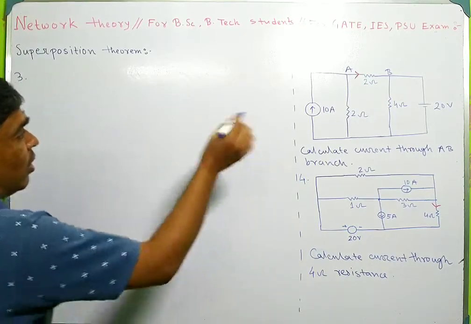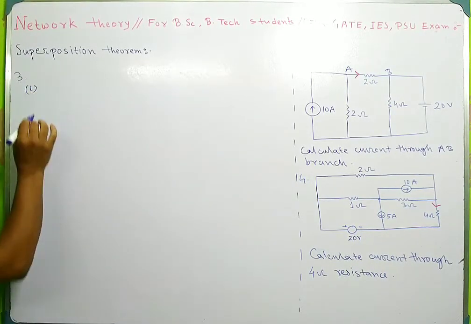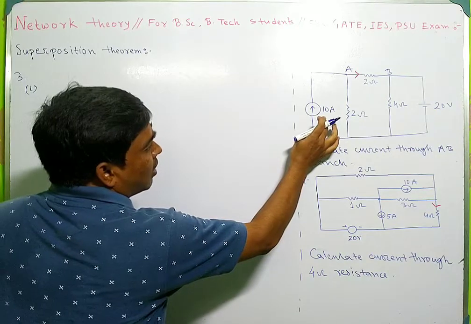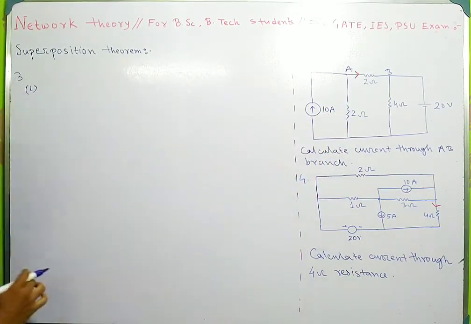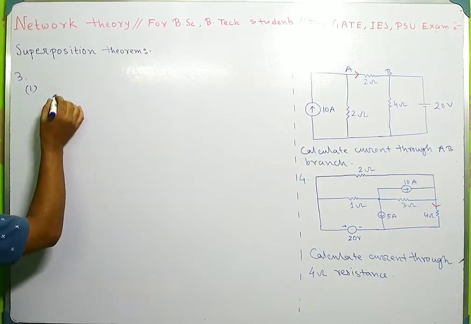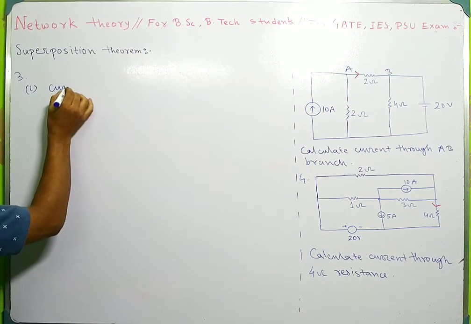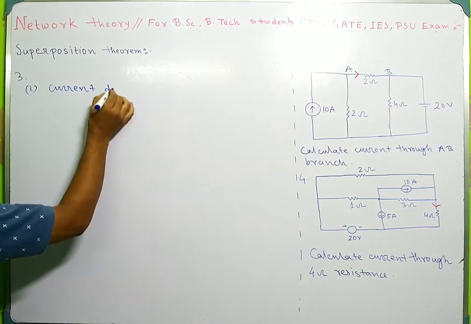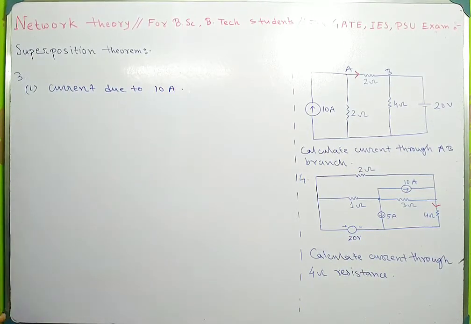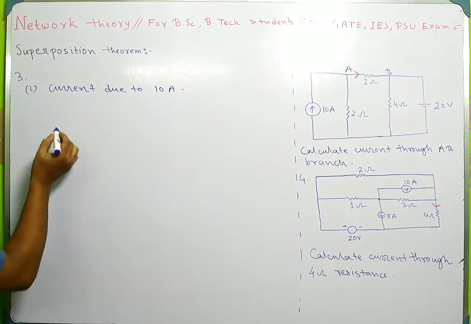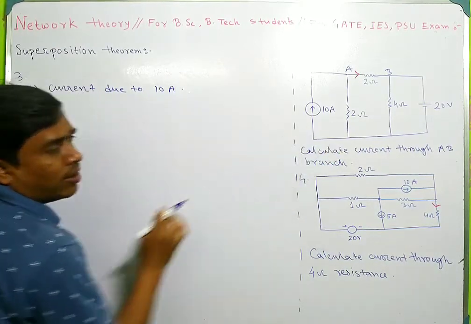Number 1, you have to calculate the current through this branch due to the 10 ampere current source. So you have to redraw this circuit.